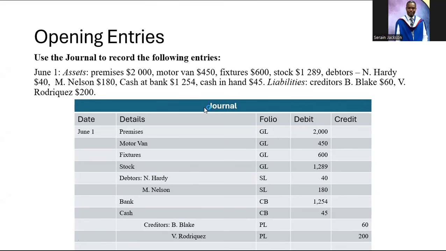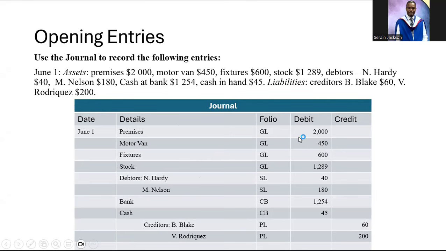So if you look at what we are doing here, when you're recording information, especially opening entries in particular, you start off with the fixed assets first. You see I have my fixed assets here, and you will realize that they are located in the debit column. So it shows that these accounts carry debit balances.